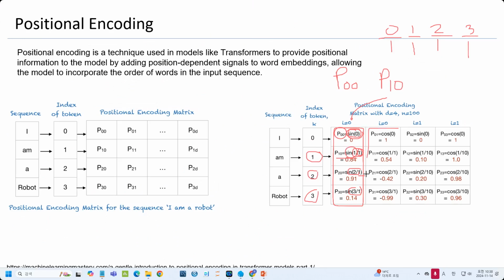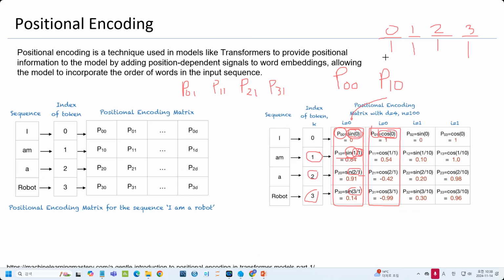For the next, which is still i equals 0, we calculate using cosine. The positions now become P01, P11, P21, and P31, and we apply the cosine function.